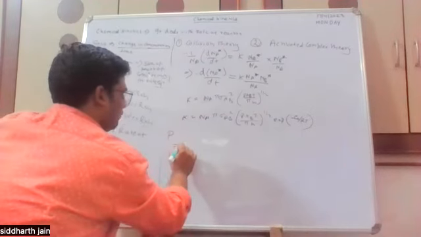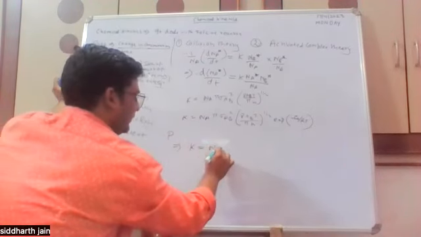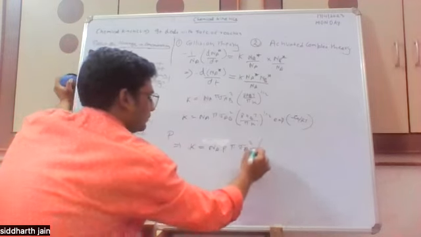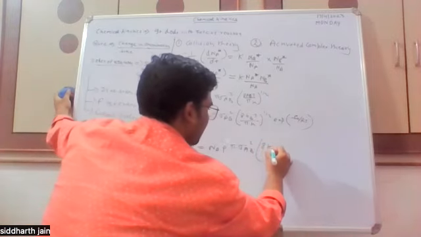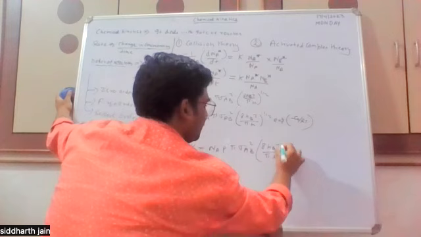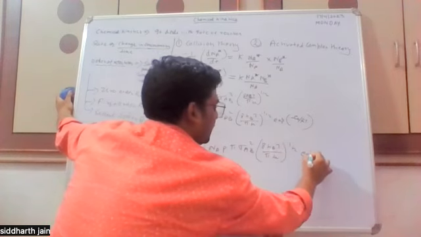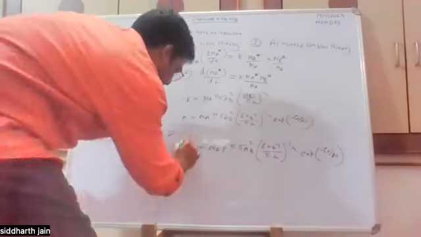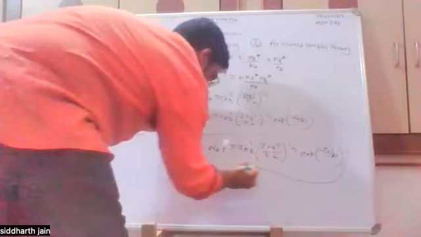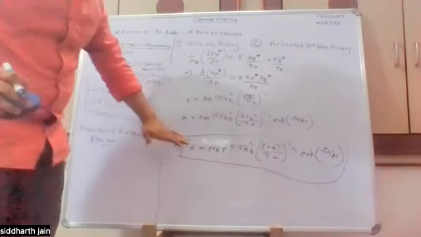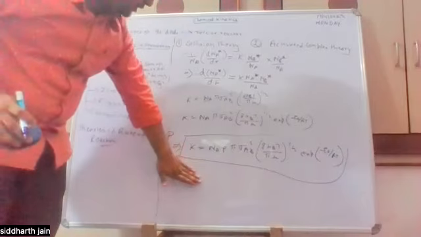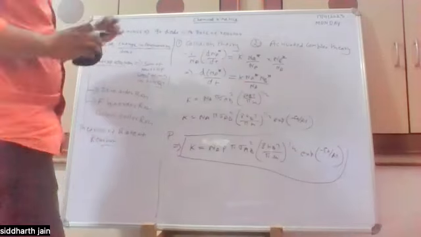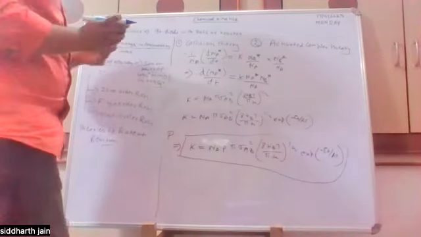So from this, we can finally derive the rate constant as N_A P sigma_AB square, 8 kBT upon pi mu, to the power half, exponential minus epsilon naught by RT. So this is the final derivation of the rate constant, and from collision theory we can predict that the change in the rate will depend upon this rate constant, and this rate constant depends upon these factors. So from collision theory, we can explain the rate of the reaction.